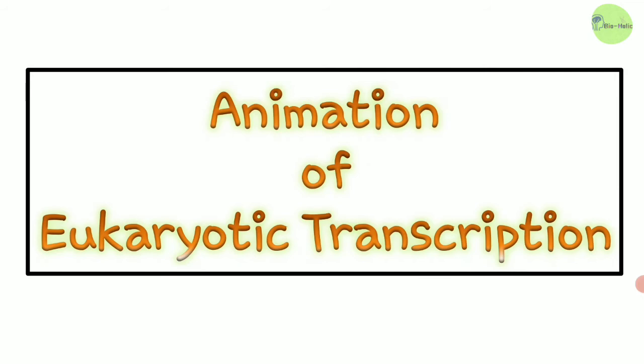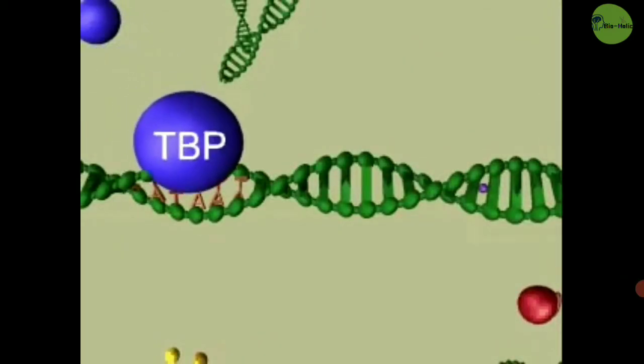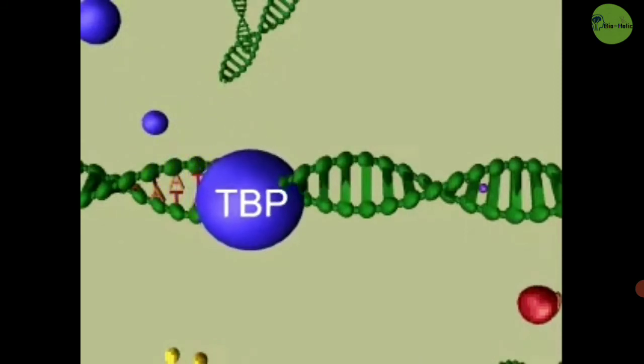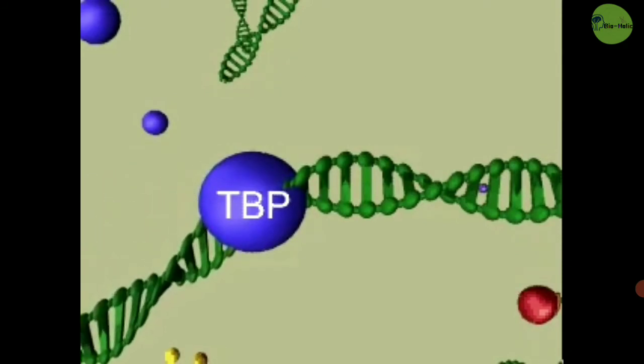Now let's see an animated video of eukaryotic transcription, then you can get better clarity. So first of all, at the TATA box, TATA-binding protein comes and binds with it. Then other transcription factors bind to TBP on the bent DNA.